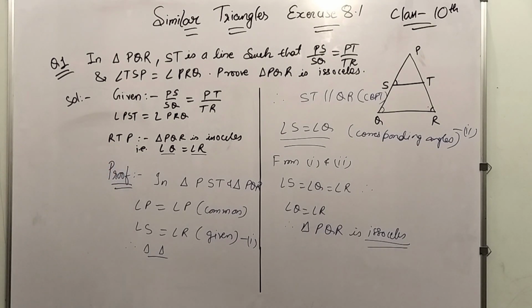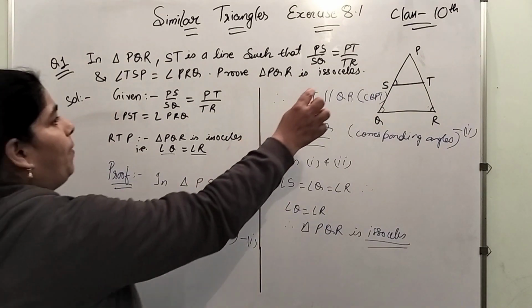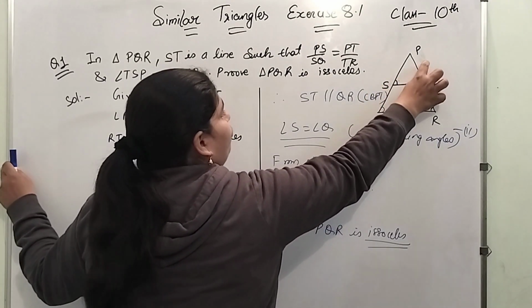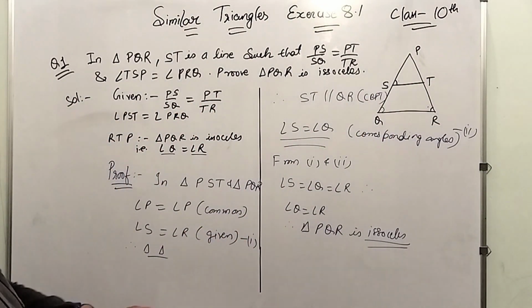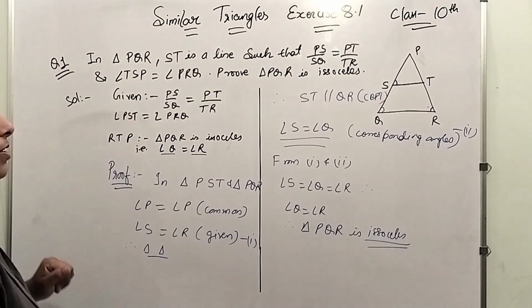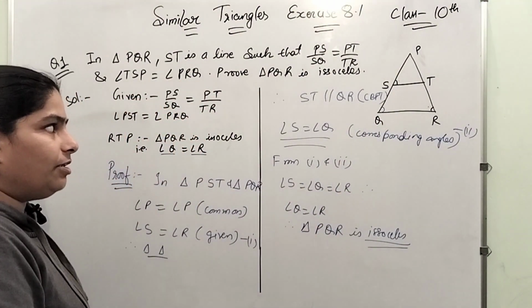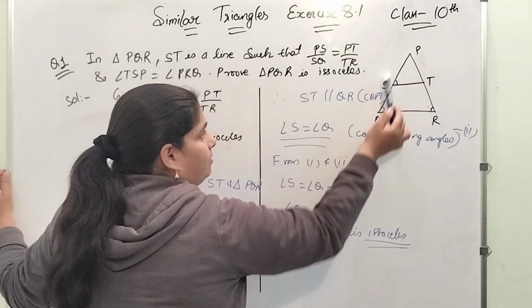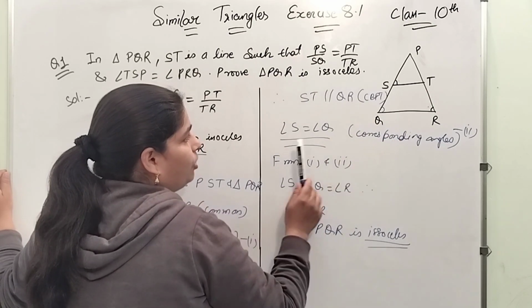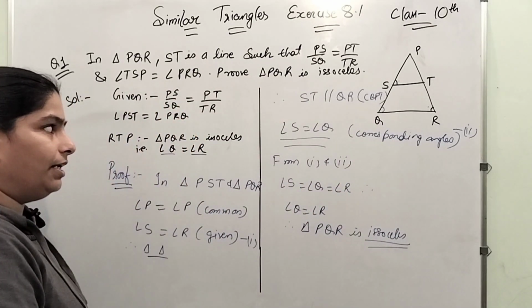Okay, let us see once more. In the question, it is given that PS by SQ is equal to PT by TR. When PS by SQ is PT by TR, then by converse of BPT, ST becomes parallel to QR. When ST is parallel to QR, this is a transversal, and angle S and angle Q will be equal due to corresponding positions, and the angles are called corresponding angles.